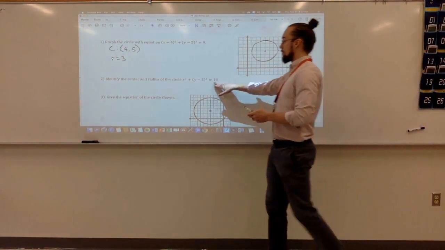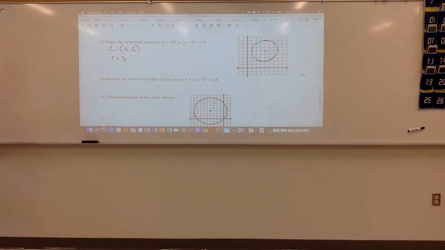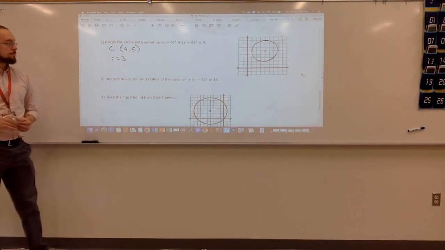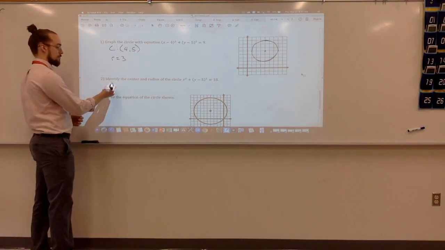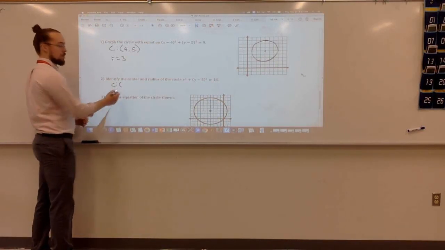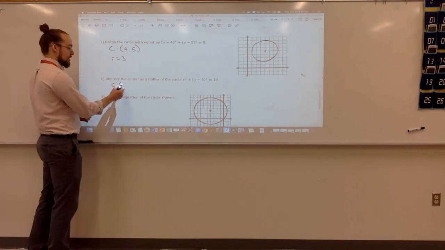All right, how about this one? X squared plus y minus 5 squared equals 18. What's the center and the radius for this? Center would be at 0, 5.